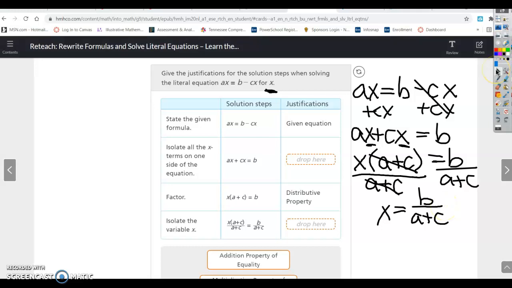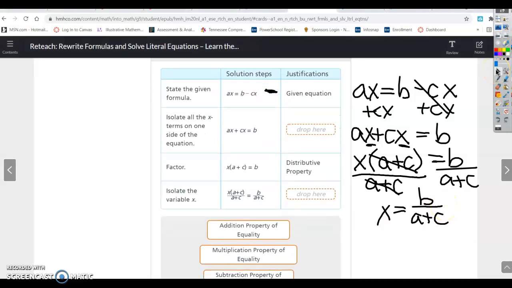All right, so now we can look in the drop downs here and see what steps we're looking at. So they had the same equation, and they first added CX to the other side. So that was the addition property.